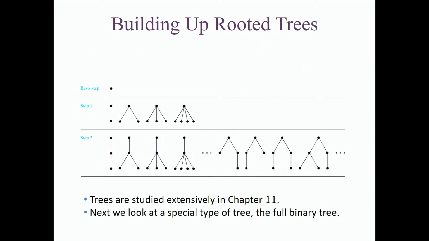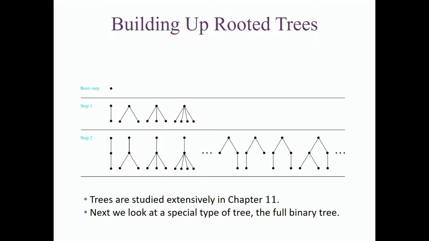Okay, so let's see. For the basis step, we have only one vertex. We call that the root of that rooted tree. Okay, and then we can consider this one as a rooted tree T1 in the recursive step. Once we consider this node as a rooted tree, then we can connect an edge from R1 to the root. This helps us create another rooted tree.